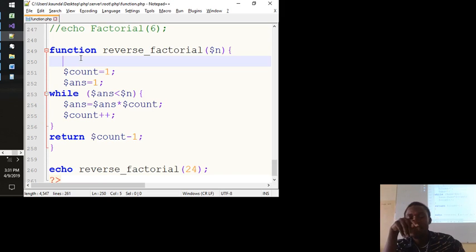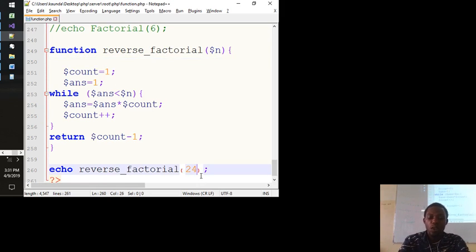For example, instead of 120, which we know to be 5 factorial, if I give 123, you should be able to tell me 5 factorial is 120, remainder 3.